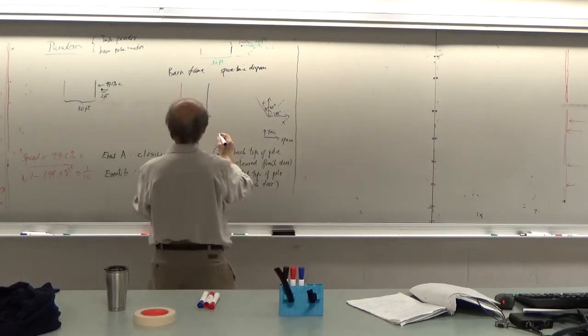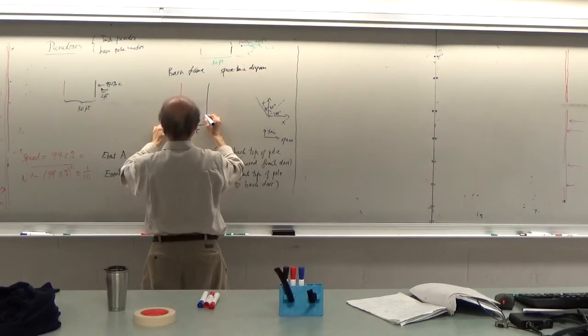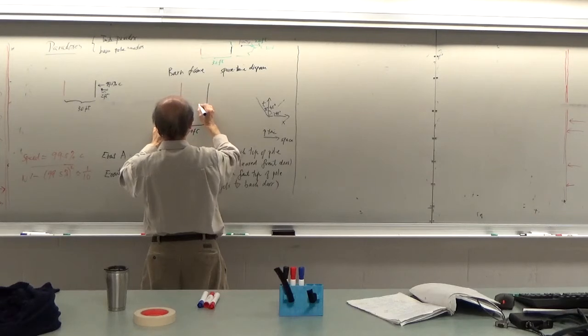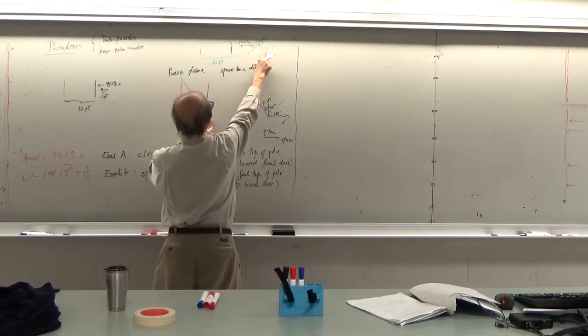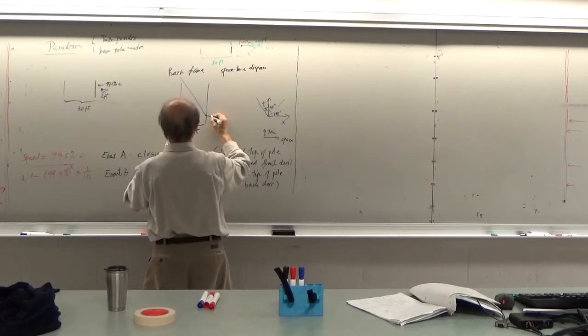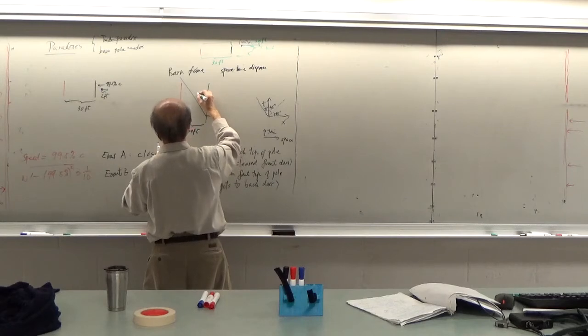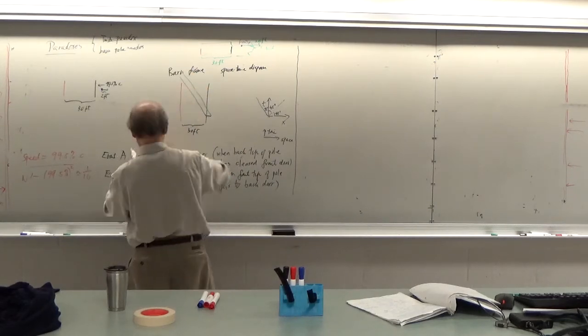The front part will travel with a trajectory like this, and the trajectory for the back part of the pole would be parallel to this, with the same speed. Not too good. Anyway, this should be enough.